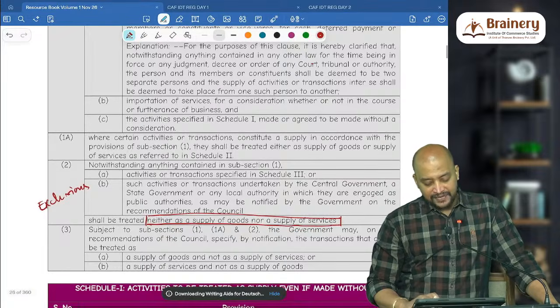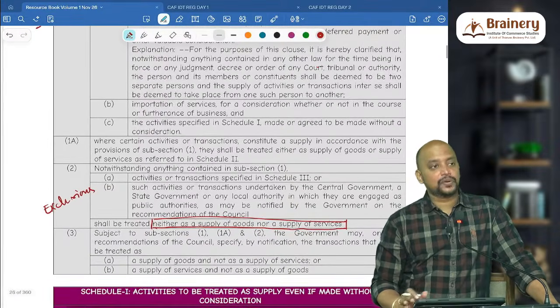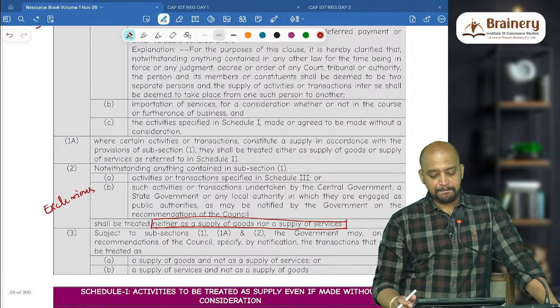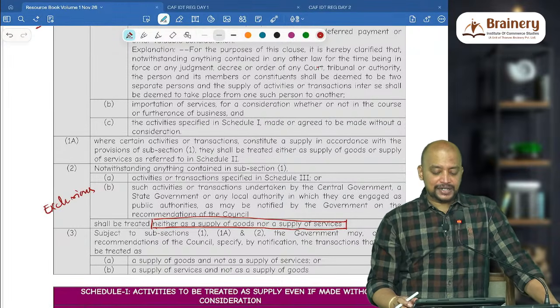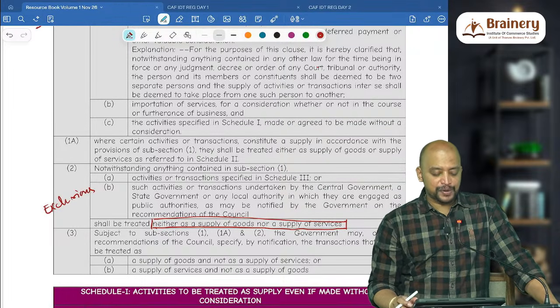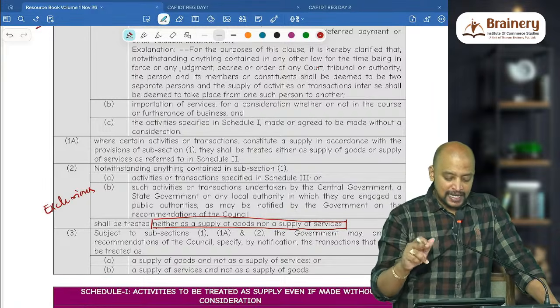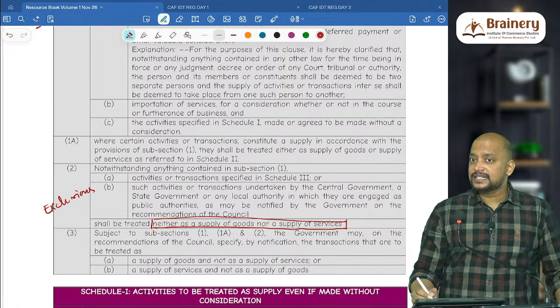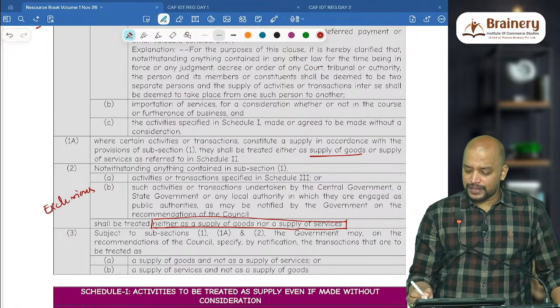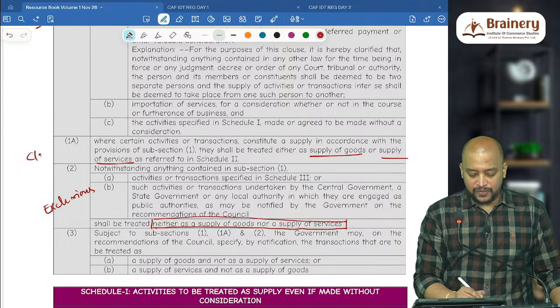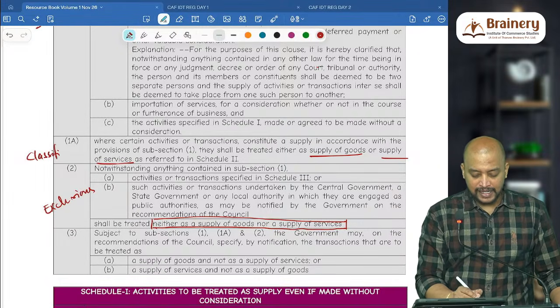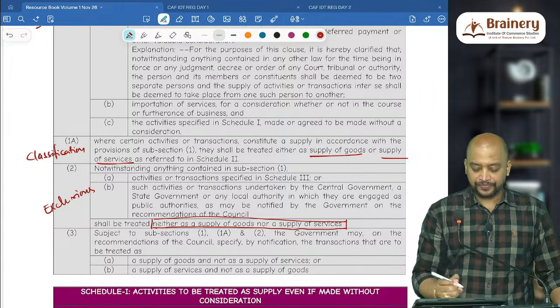Now see 7.1A. What is 7 subsection 1 capital A? Where certain activities or transactions constitute a supply in accordance with the provisions of subsection 1, they shall be treated either as supply of goods or supply of services. So subsection 1A talks about classification.